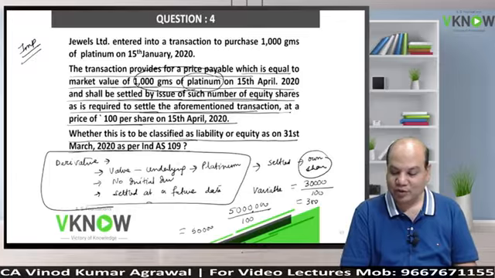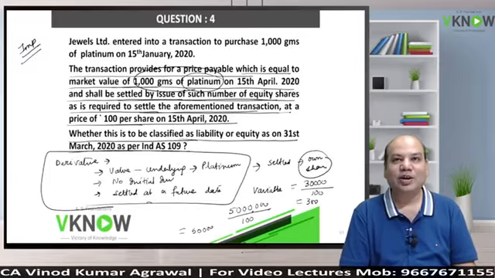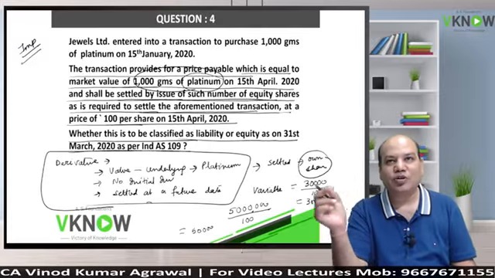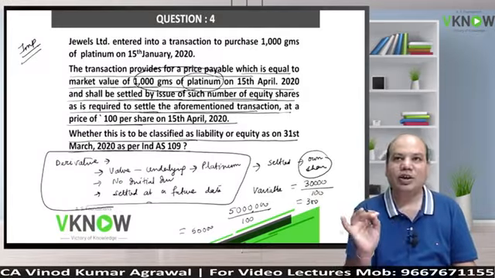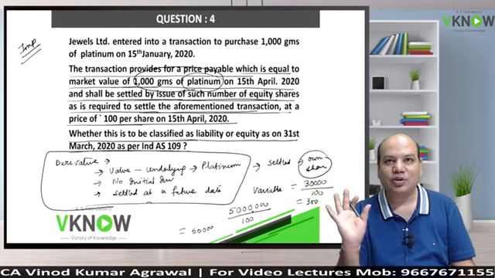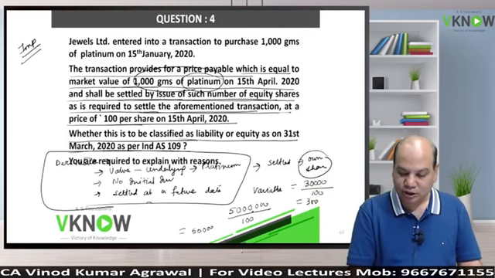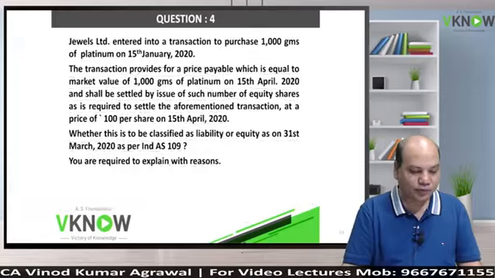So it fulfills the definition of financial liability, element number 4: a derivative contract settled in own equity shares, other than fixed for fixed, that is, other than fixed cash and a fixed number of shares. So you are required to explain with reasons for 4 marks.